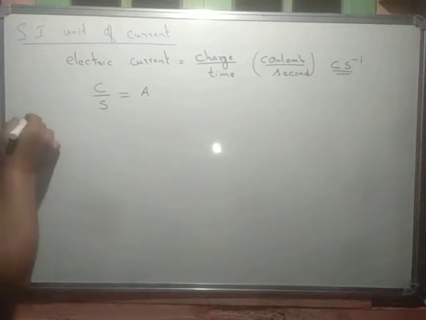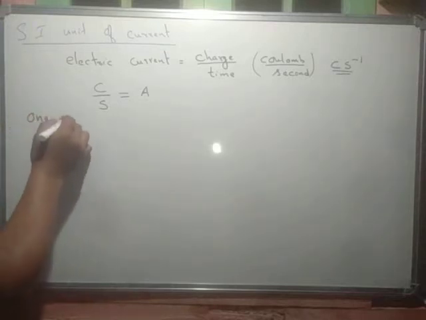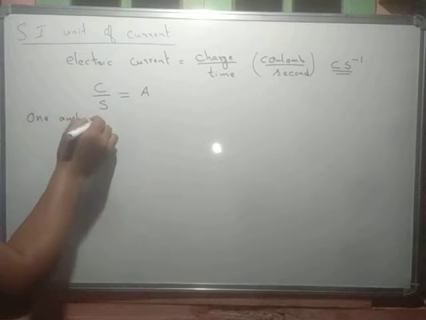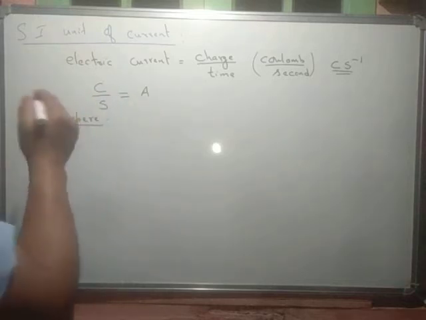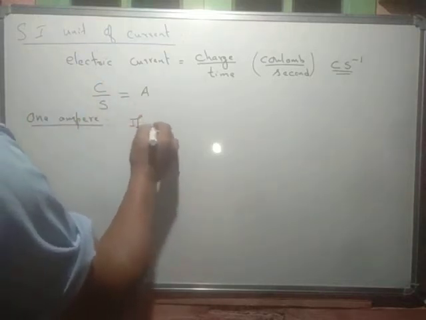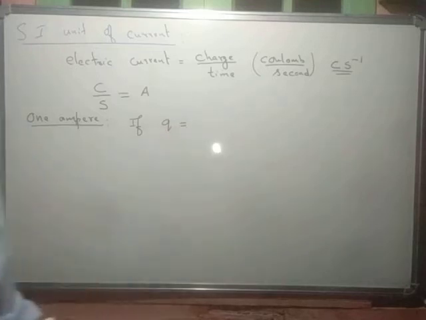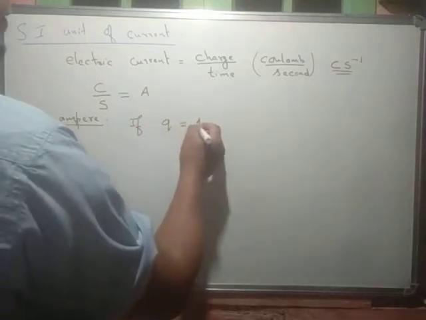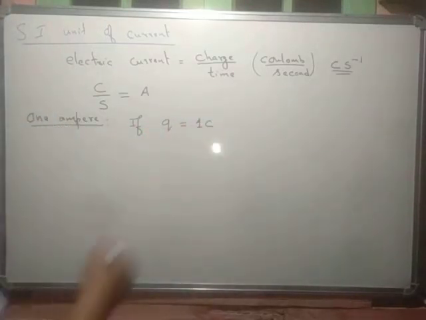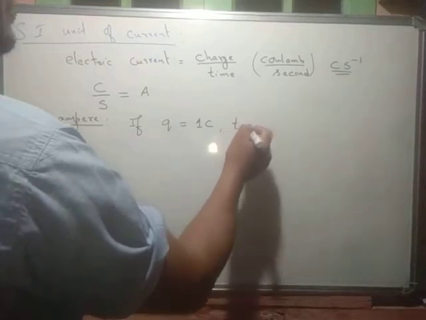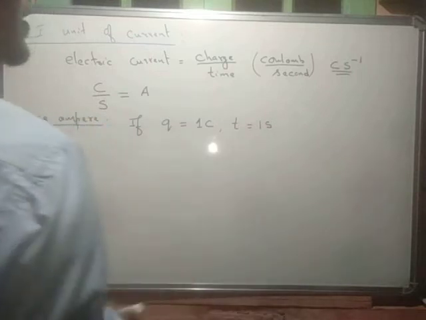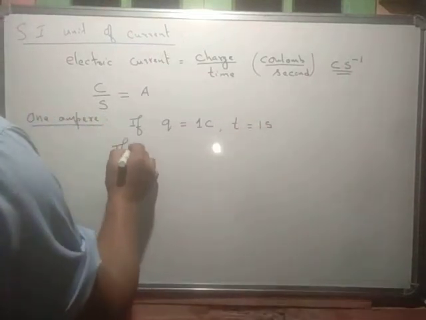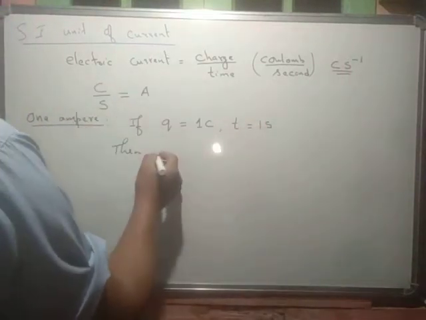So let us define 1 ampere. To obtain 1 ampere, I will substitute like this. If the charge passing through the conductor is 1 coulomb, and the time taken by the charge to cross the conductor is 1 second, then what happens to the electric current?